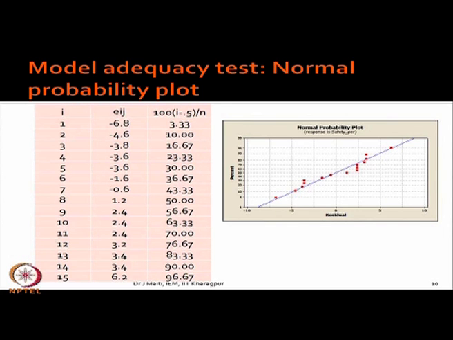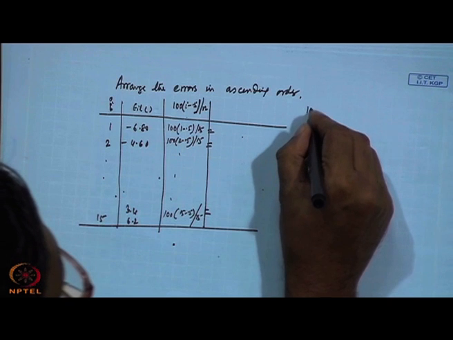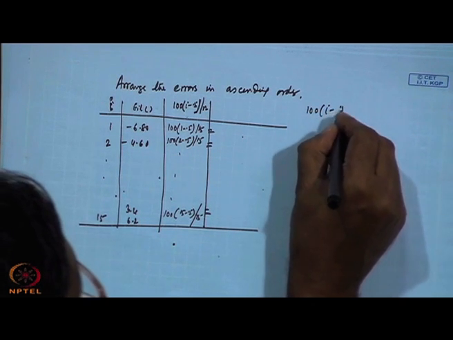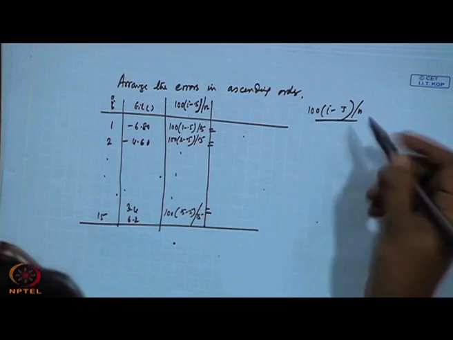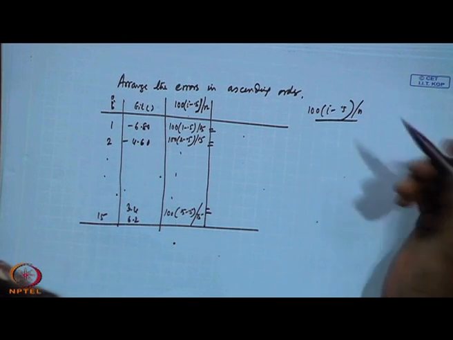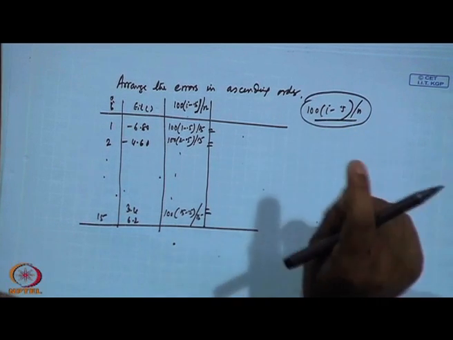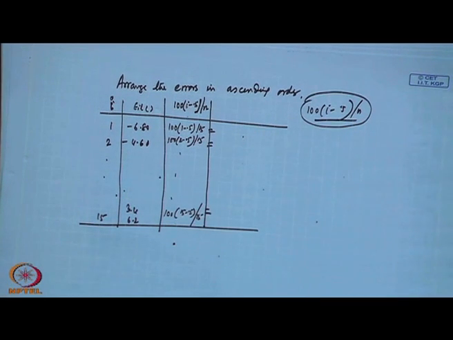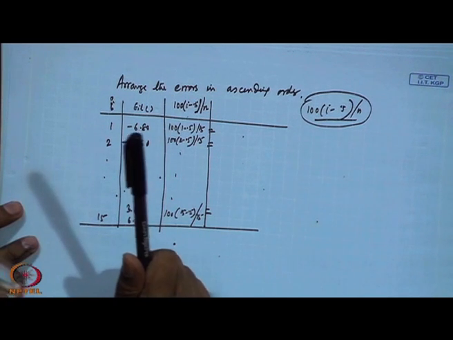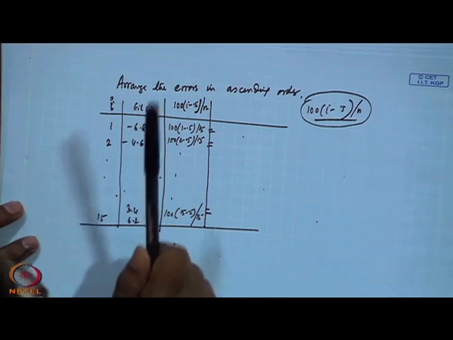You may not be interested in using 100 into (i minus 0.5) by n; there are other formulations, and different people use different ones, but this is the widely used one, and we are using it. So this is the first adequacy test. Please keep in mind the way we are proceeding.